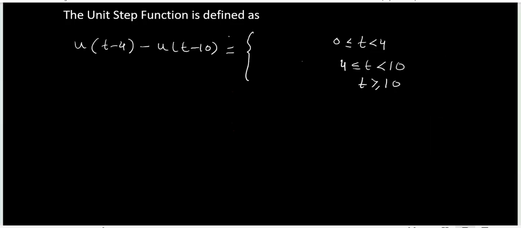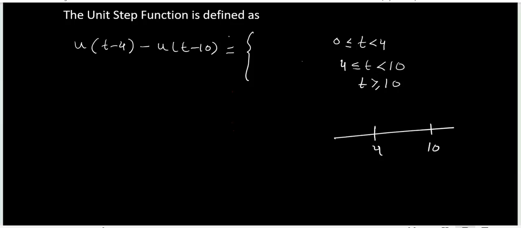Now we'll be deriving the combination of step functions to the piecewise defined function, and we'll see the graph. Since we have u(t minus 4) and u(t minus 10), you can see on the line that I have a 4 here and I have a 10 here.